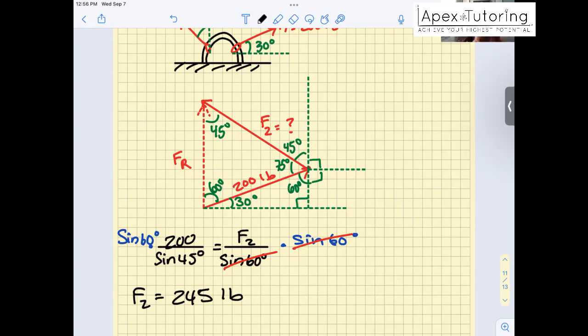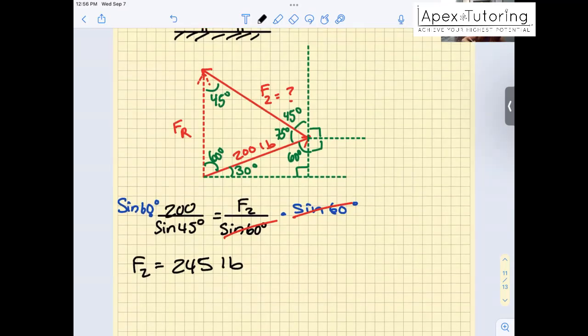All right, let's use law of sines again to try and solve for FR now. How do I set that up? Isn't it just the same thing, but you switch out F2 and sine 60 for FR and sine 75?